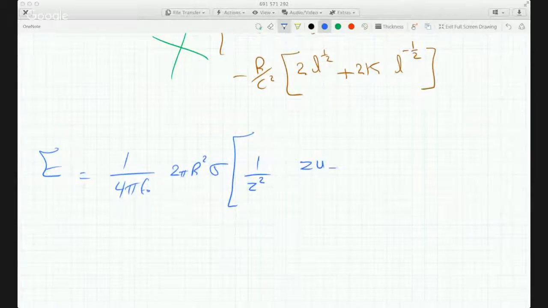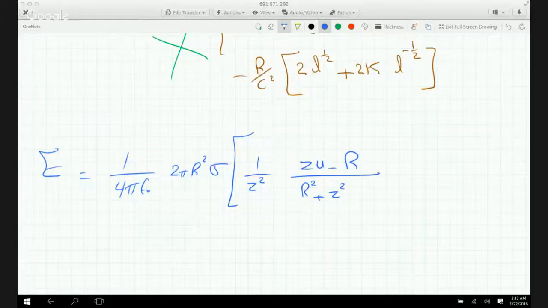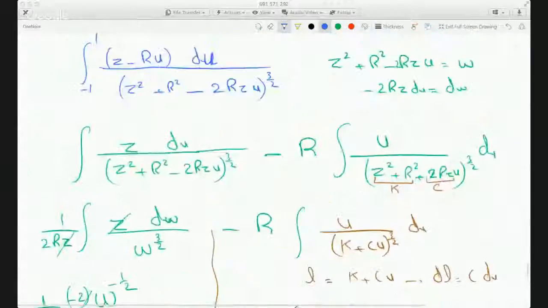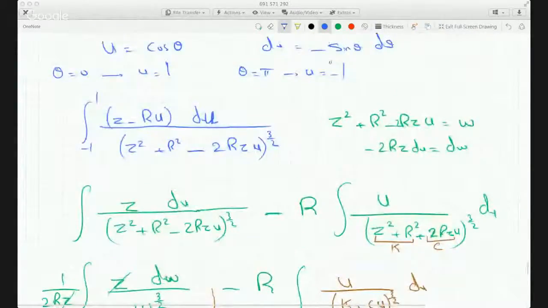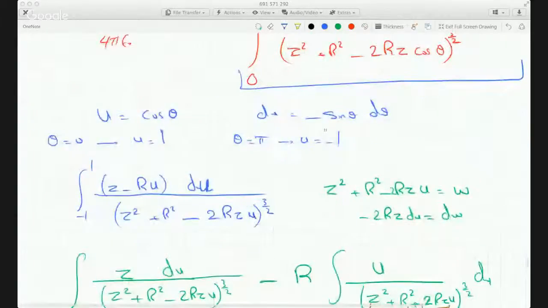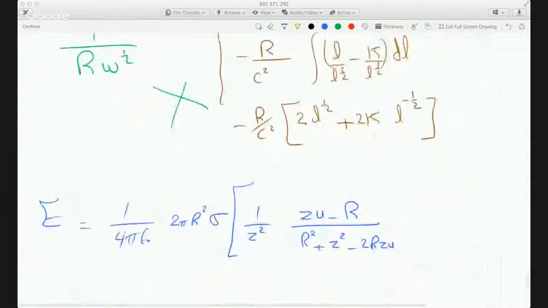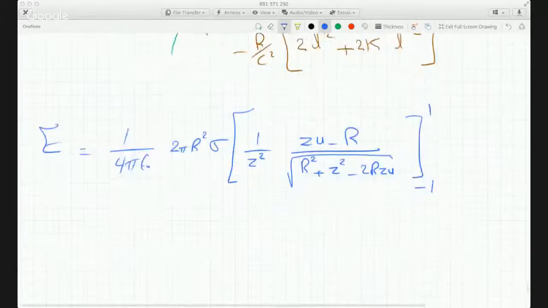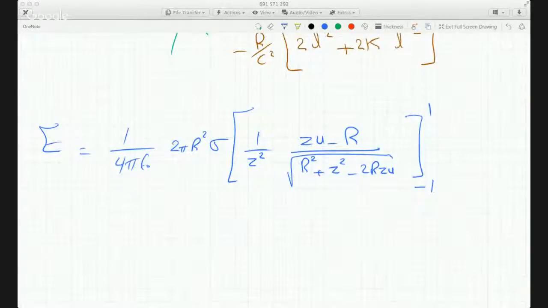We're gonna get zu minus r over r squared plus z squared minus 2rzu. If you remember, our u was cosine theta. And then there's a square root here, and we will evaluate this from minus 1 to 1. And of course, when you do that, this is all in the z direction.